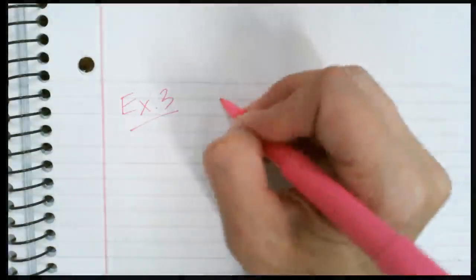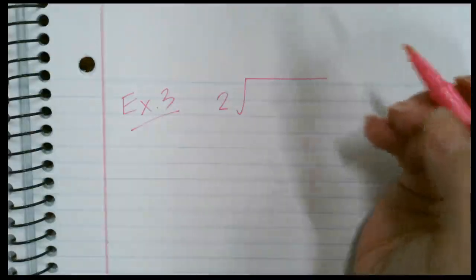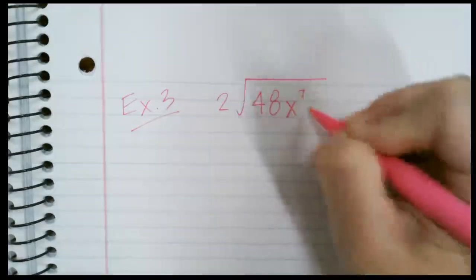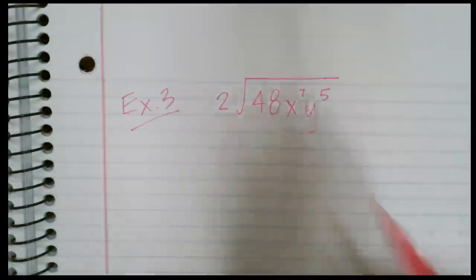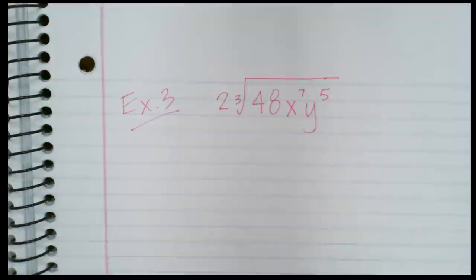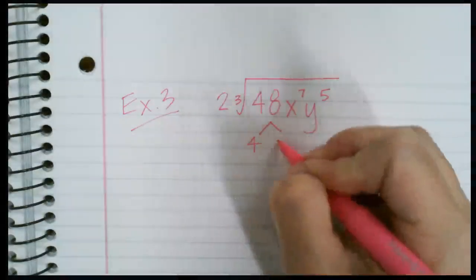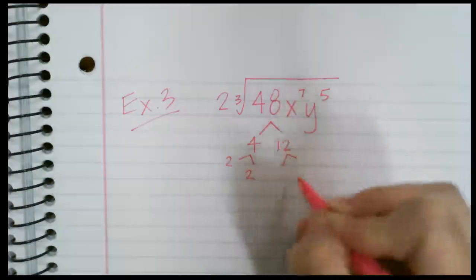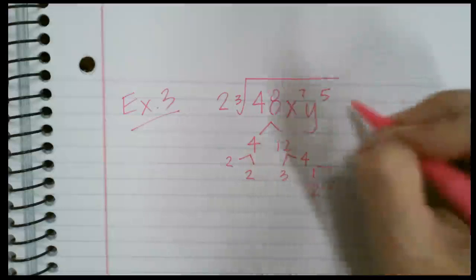Let's say we have 2 and then the cube root of 48x^7y^5. First thing I'm going to do, forgot my cube root, is break this down. This could be 4 times 12. That would be 2 and 2. That would be 3 and 4, which would be 2 and 2.